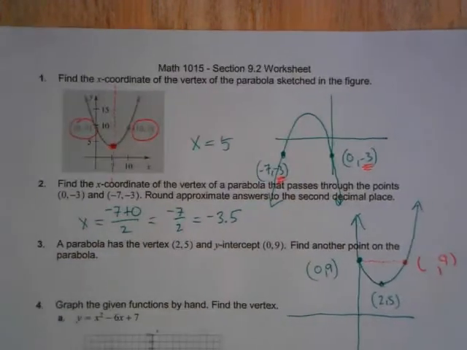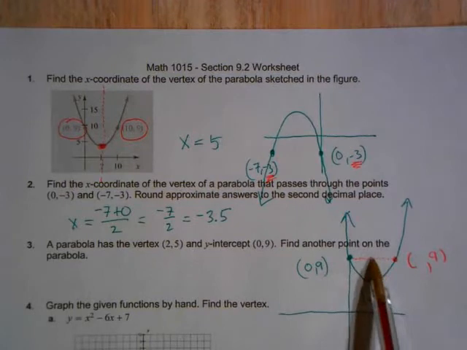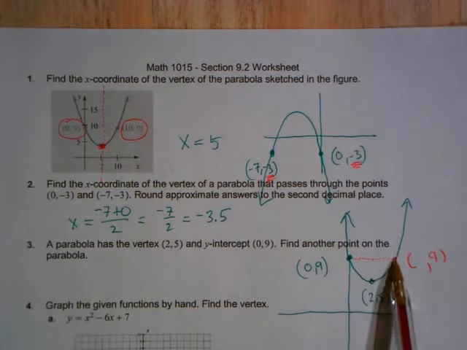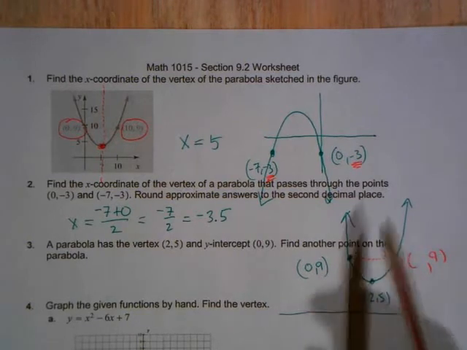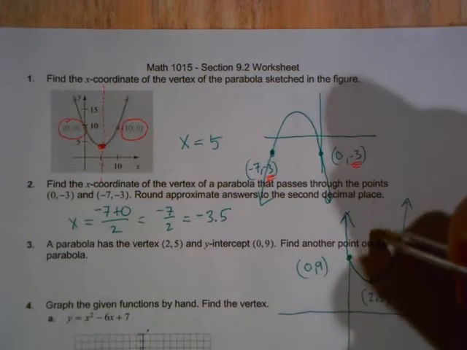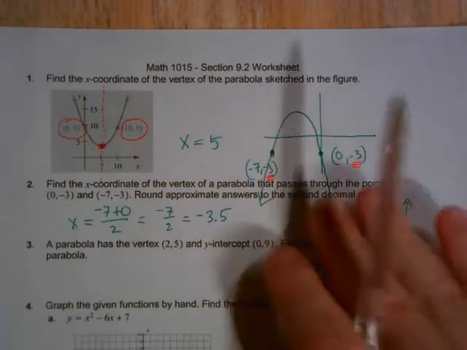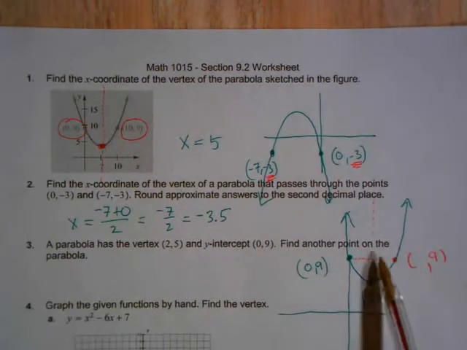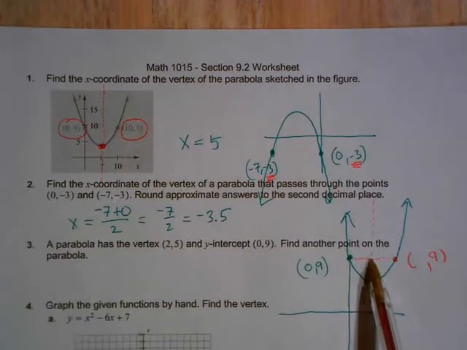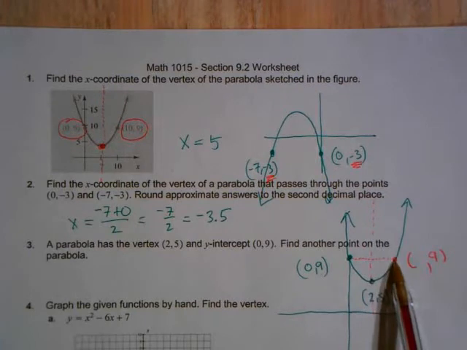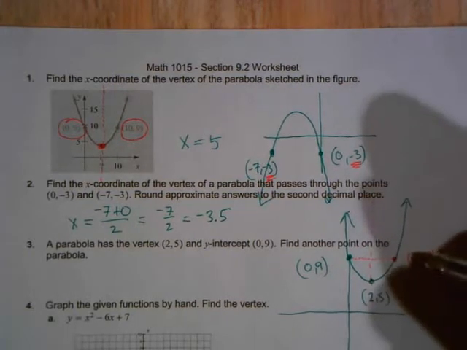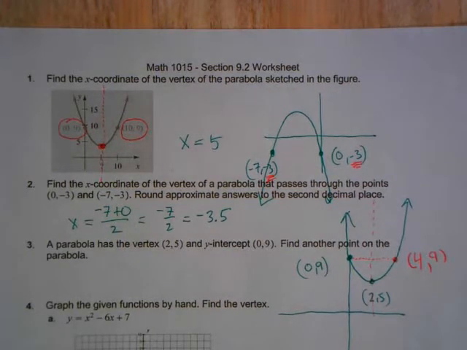So the distance going from here to this point would also have to be 2. Again, that's the symmetry property of parabolas. If I were to draw this vertical line, and I could cut it and fold it over, these would have to match up. So since this distance is 2, that distance has to be 2. 2 plus 2 is 4. So that point would be the point 4, 9.